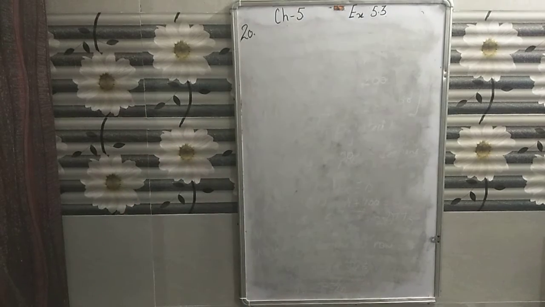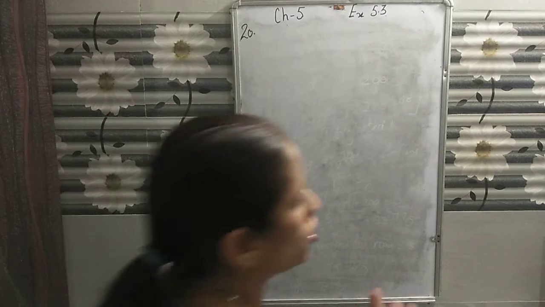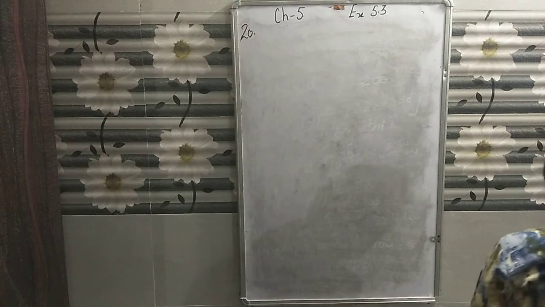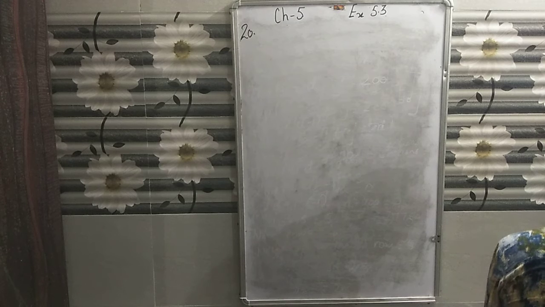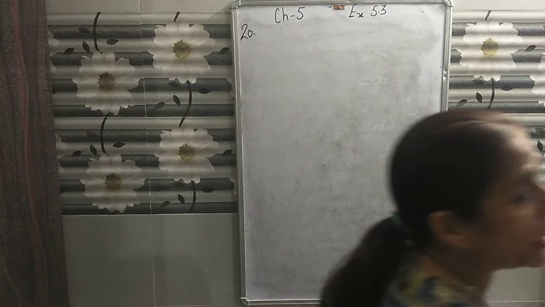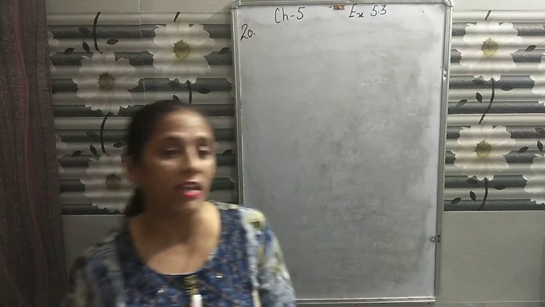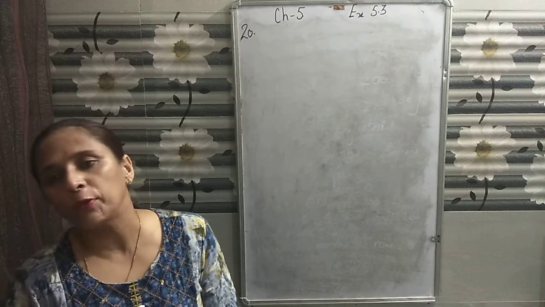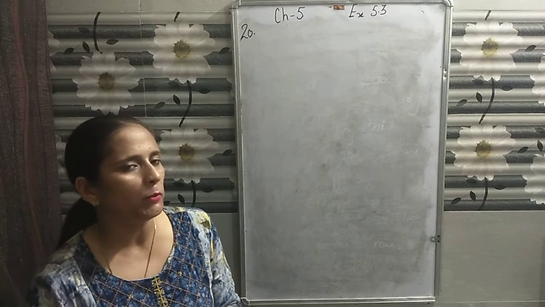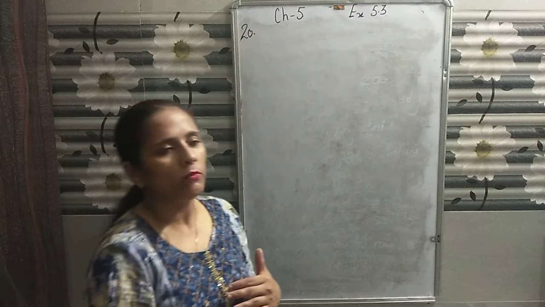Now let's move to question number 20. In a potato race, a bucket is placed at the starting point, which is 5 meters from the first potato, and the other potatoes are placed 3 meters apart in a straight line. There are 10 potatoes in a line. So what are they saying to you? That the first potato is placed at 5 meters from a competitor, then another potato further 3 meters more.